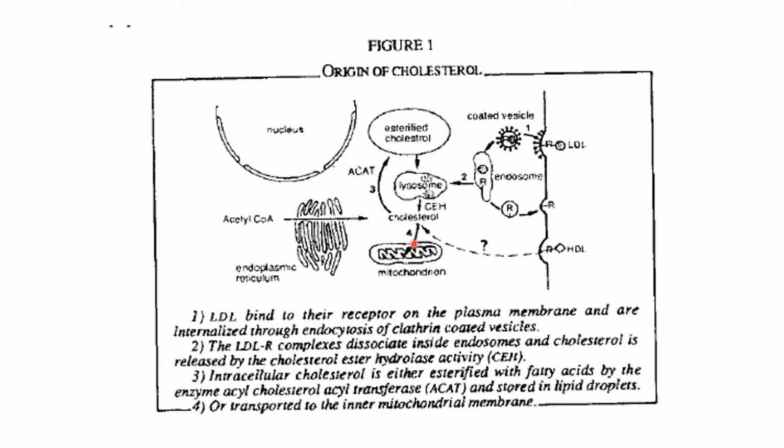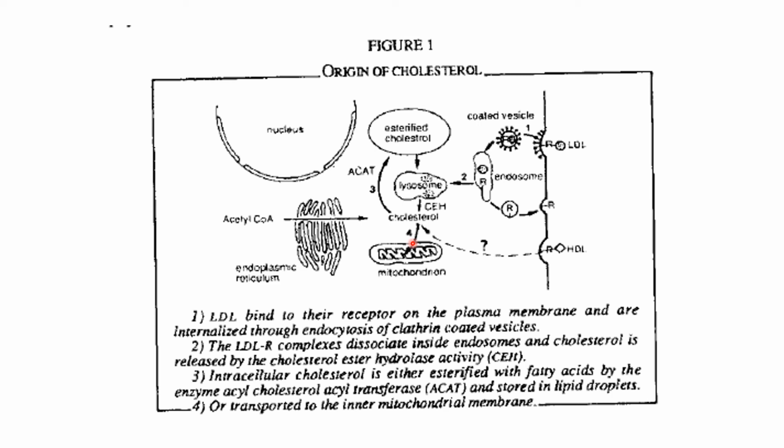Okay, so right where my red dot is, that's where STAR works. What STAR does is collapse the outer mitochondrial membrane, which is here, and the inner mitochondrial membrane, and allows cholesterol to get access to that first enzyme that we're going to need to start to convert it to a steroid.